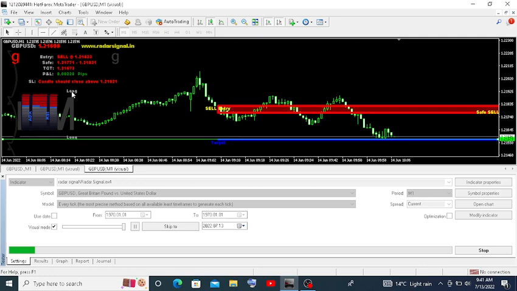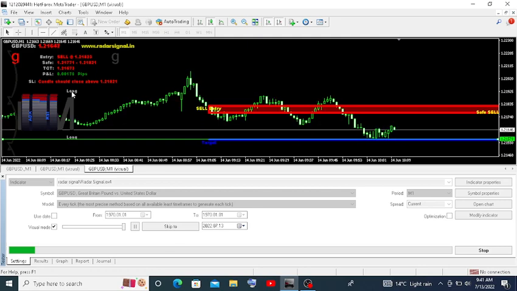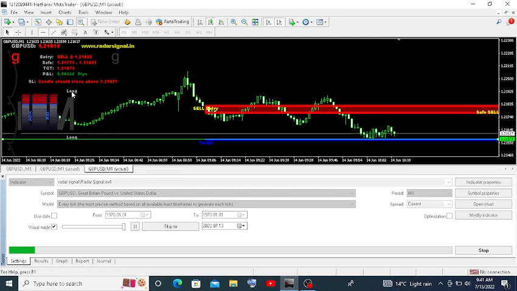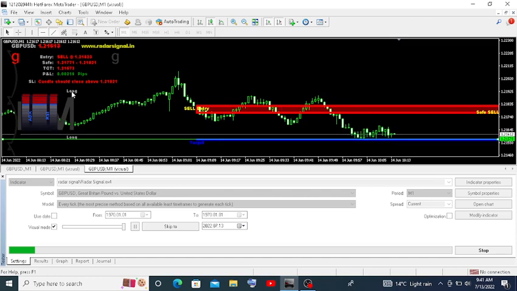The key is not to be greedy. The key is to have a proper money management strategy, with a good risk to reward ratio.